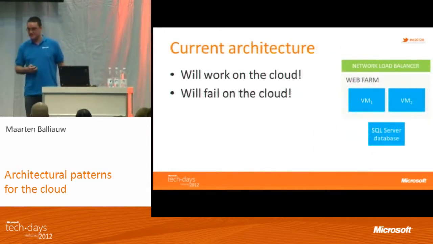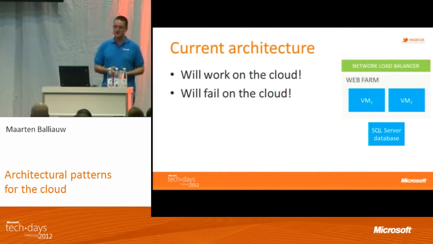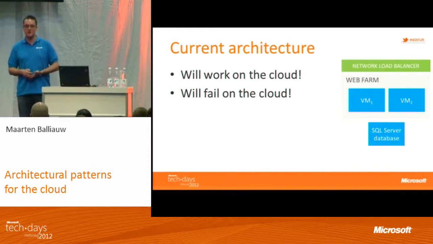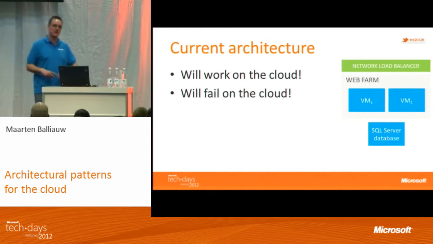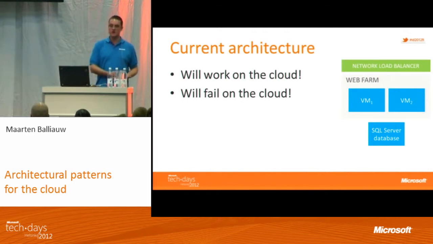The architecture of this thing is pretty easy. Let's imagine it's currently running in a data center that has a load balancer, which does virtualization. They have 2 or 3 or 4 VMs running, and they use a SQL server in the backend. Again, a typical application, which you can just migrate to the cloud or which you can build in the cloud from scratch.